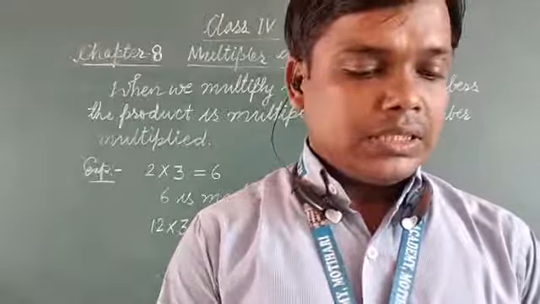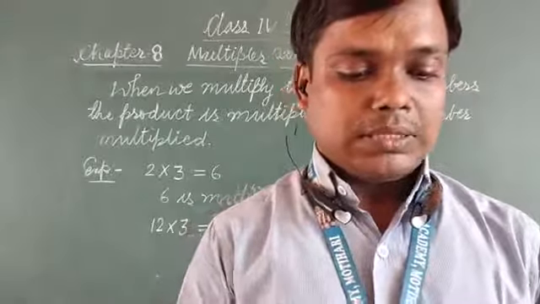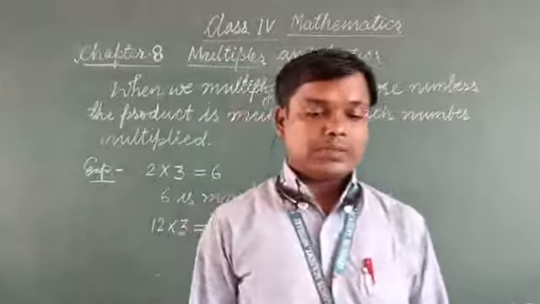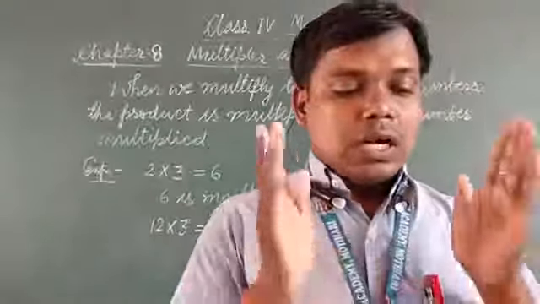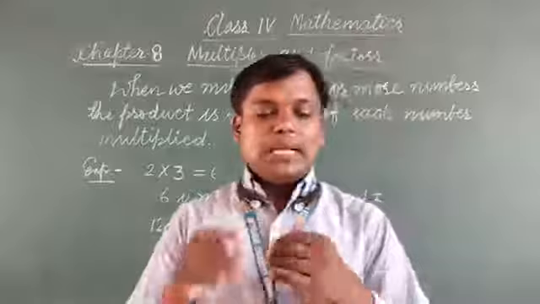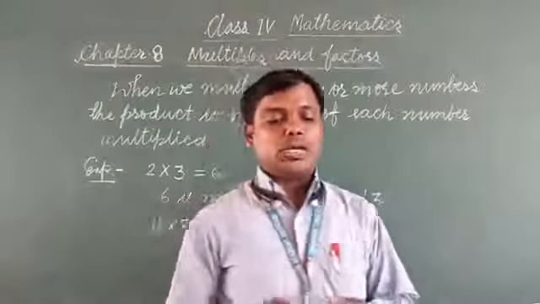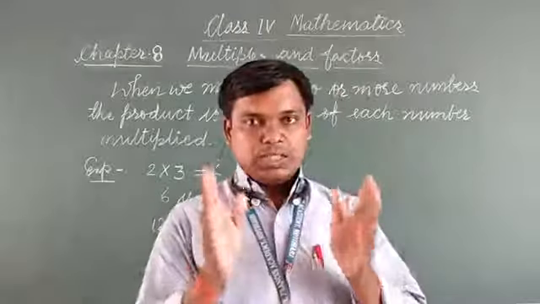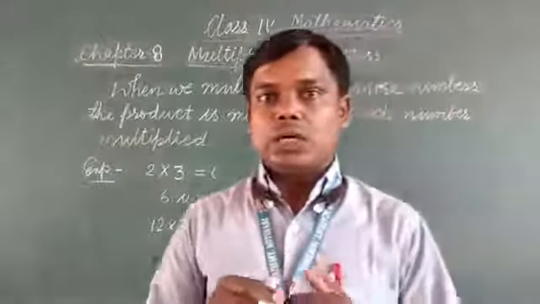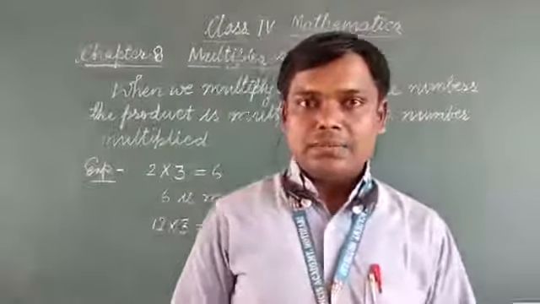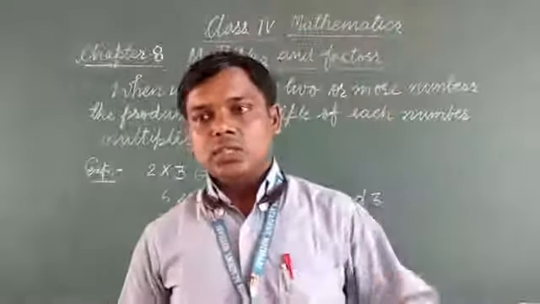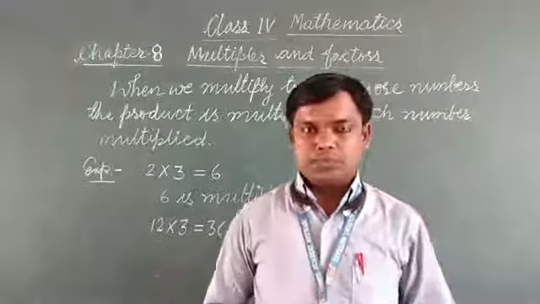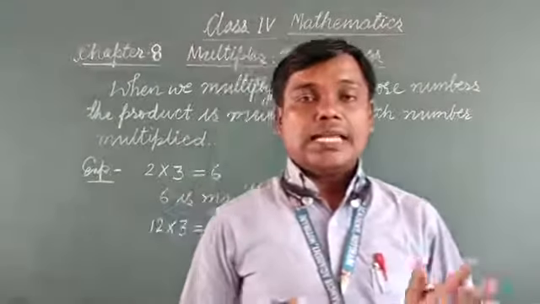Now the next topic is even numbers and odd numbers. A number which is a multiple of 2 is called an even number. In other words, numbers which are divisible by 2 are called even numbers.